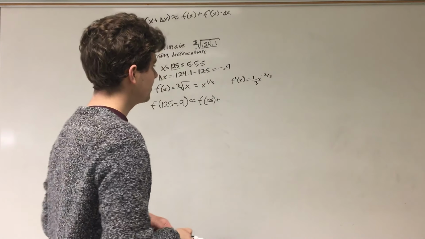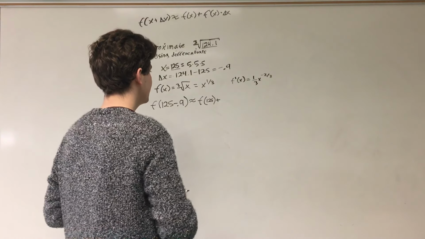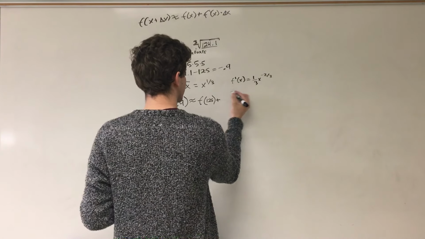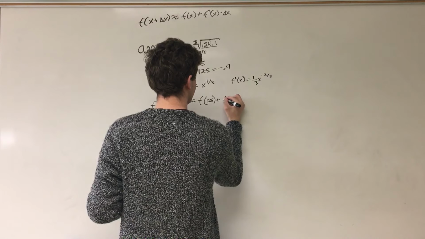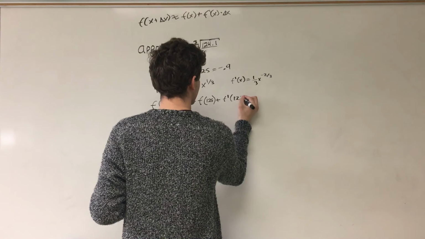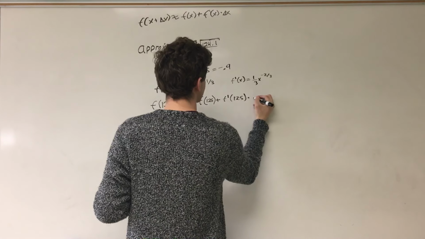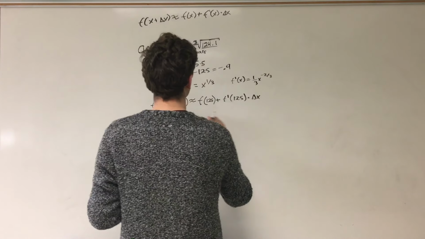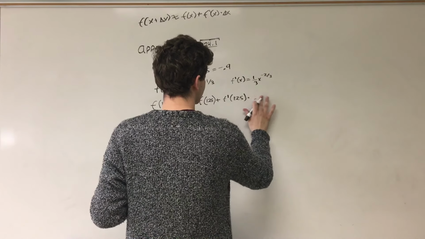Just some power rule there for that derivative. And so we have plus f prime of 125 times our delta x, which we said is negative 0.9.